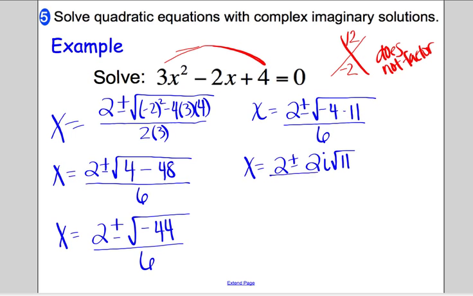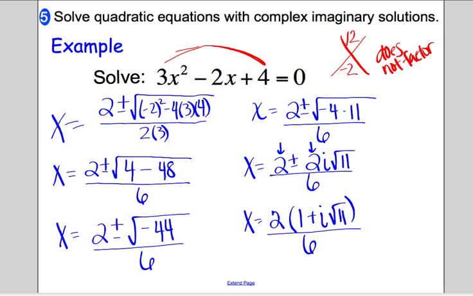I'm going to go ahead and factor that 2 out. Now don't forget, when you factor 2 out of 2, you get 1. So we get 1 plus i root 11 all over 6. And a little simplifying here, a little canceling, says 2 goes into 6 3 times. And so our final answer here for this quadratic is 1 plus i root 11 all over 3.